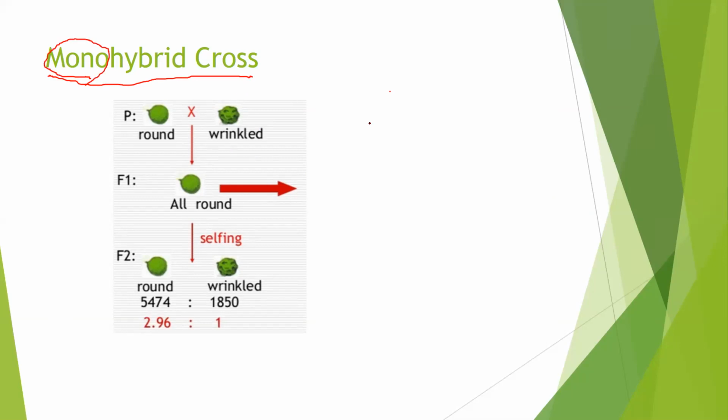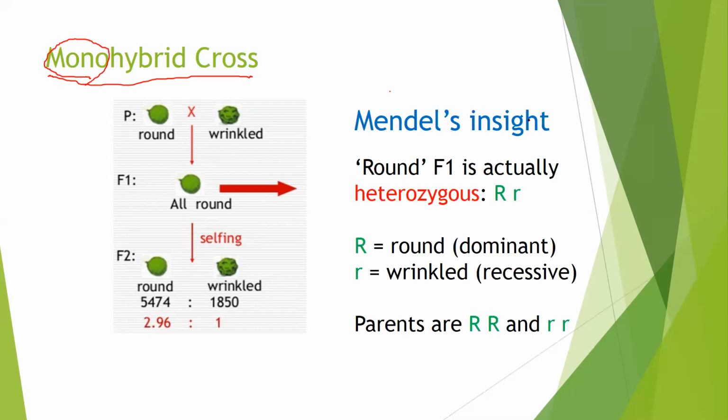One gene, but we have two alleles. Last time we talked about this. This gene determines the shape of the seeds of the pea plant. The big R is the dominant one, and the lowercase r is the recessive one.